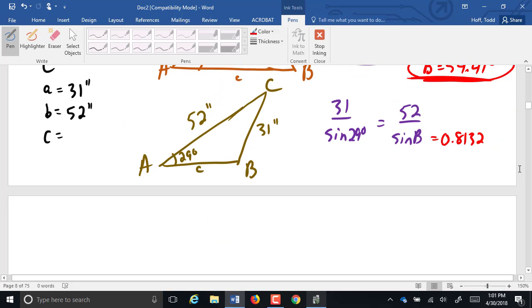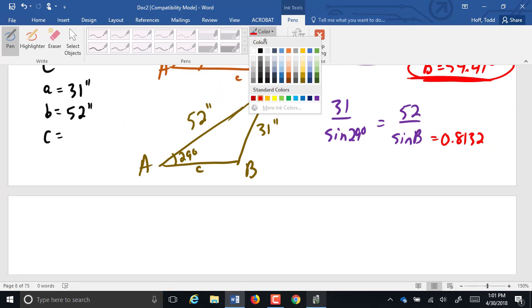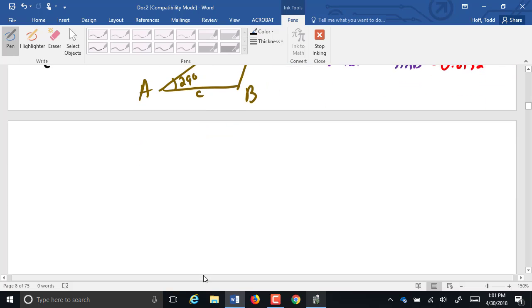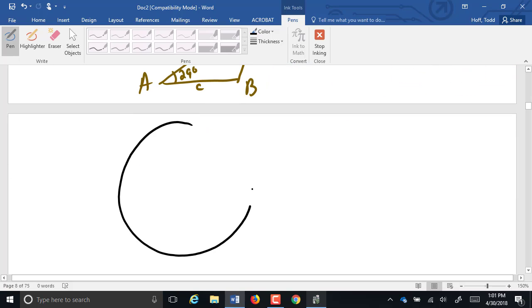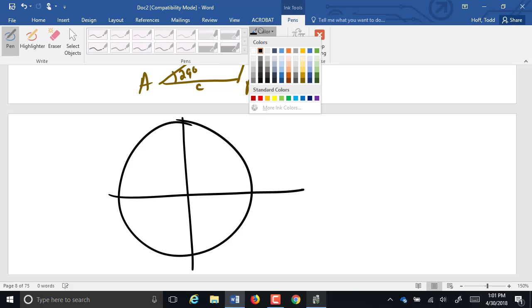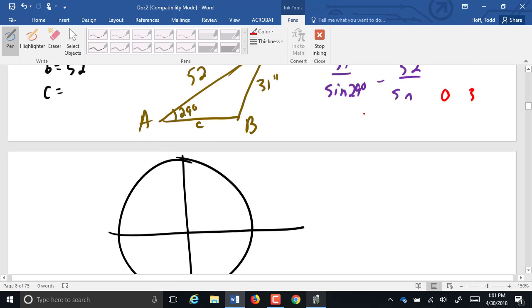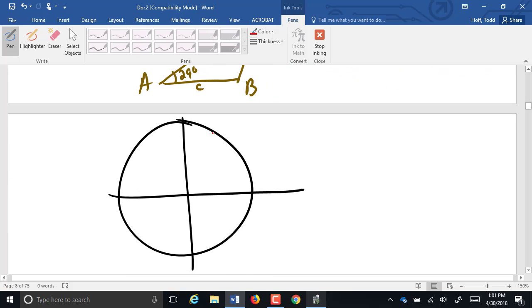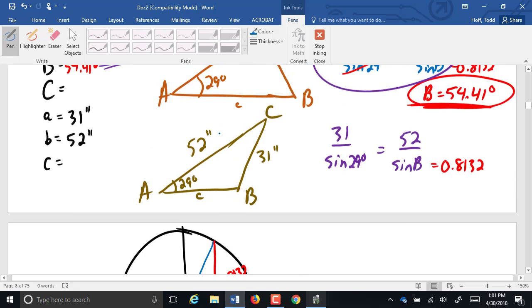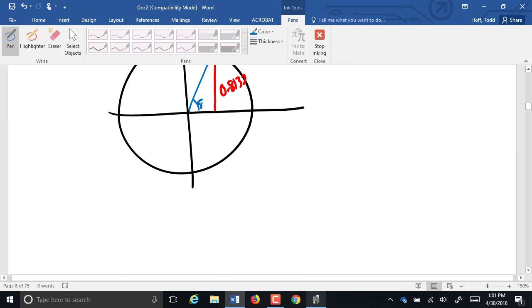Well, because if you recall, on our unit circle, I told you this unit circle would haunt you forever and ever. A sine of 0.8132 would be right about here, which gives us this angle here that was the 54.41 degrees.